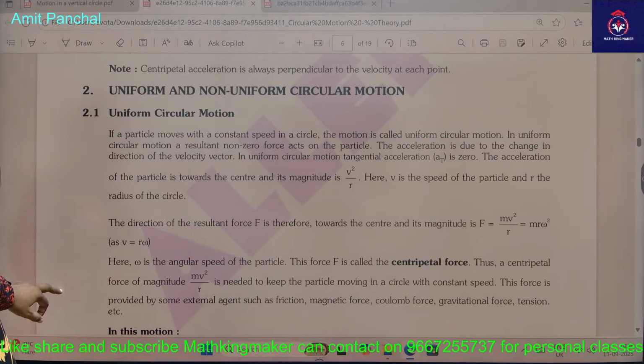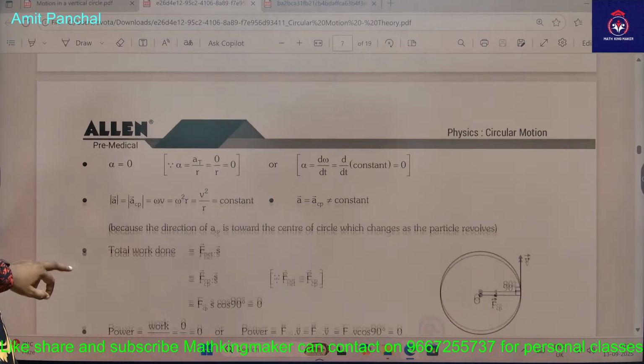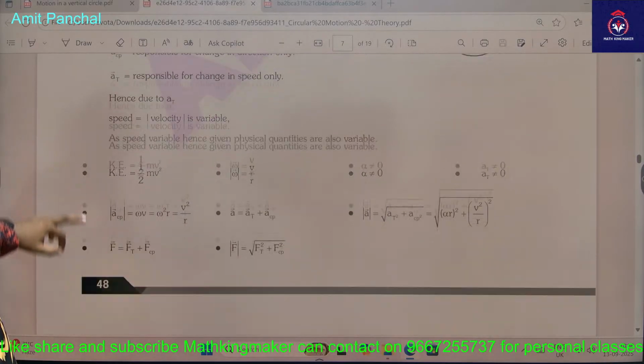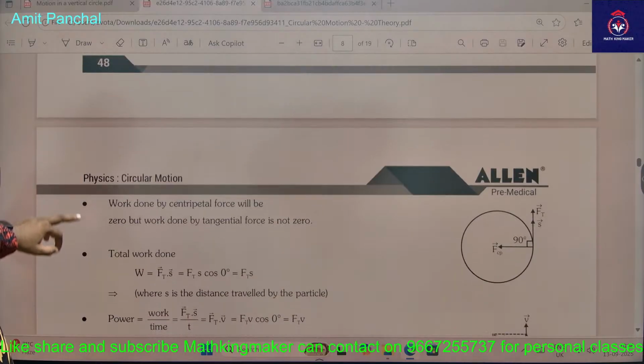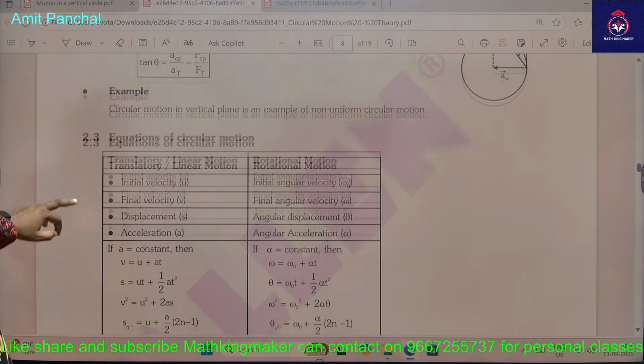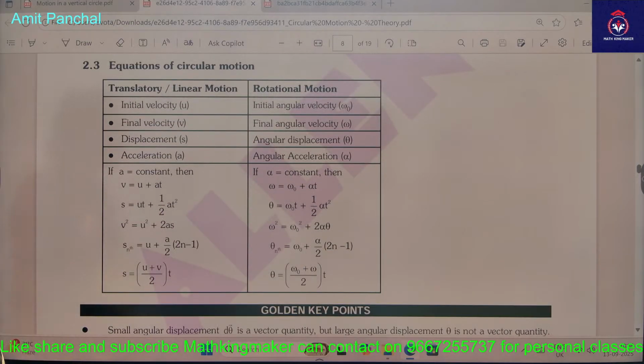Uniform and non-uniform circular motion we already discussed. What we did today was non-uniform, and till yesterday in the horizontal one it was uniform.